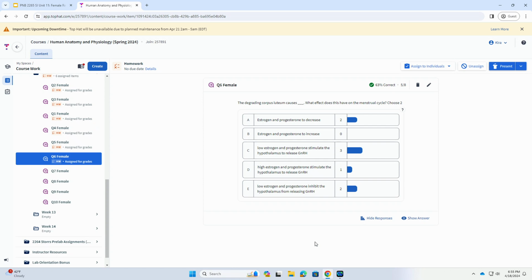Okay. So decreasing progesterone and estrogen stimulates the hypothalamus to release GnRH.